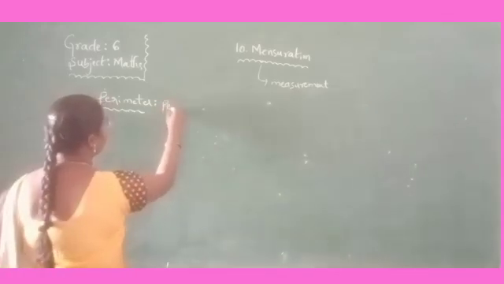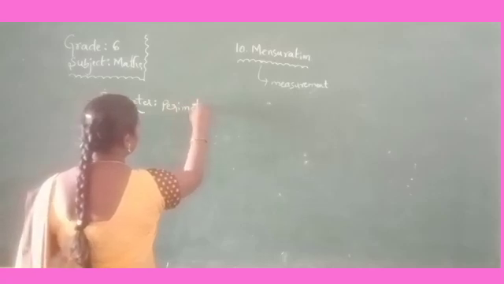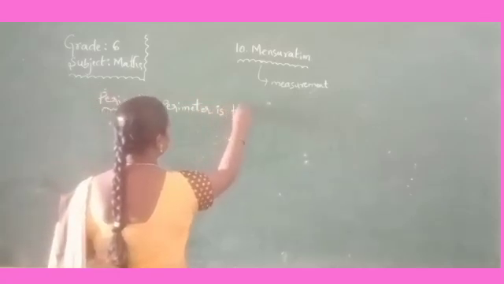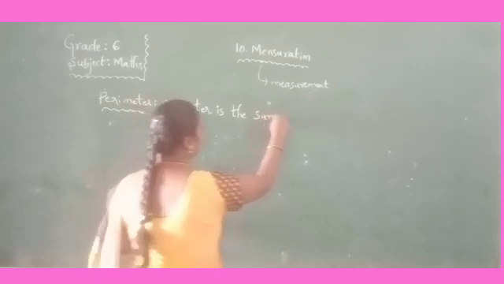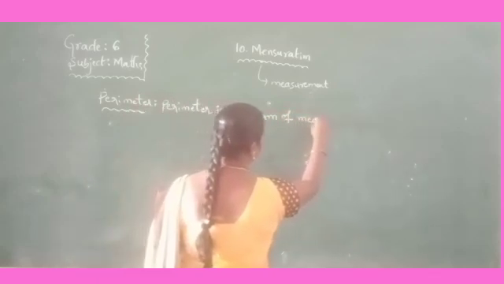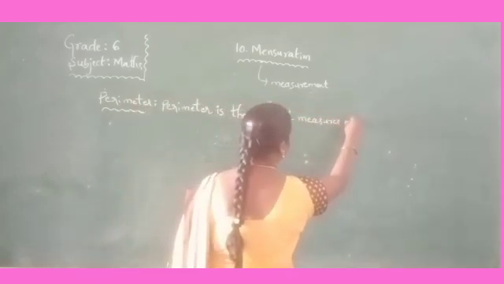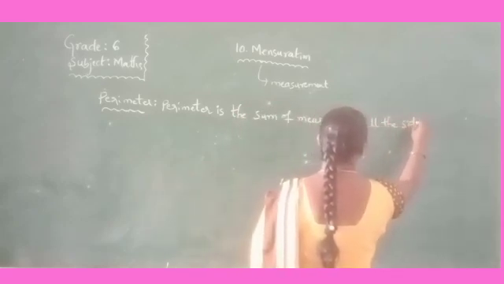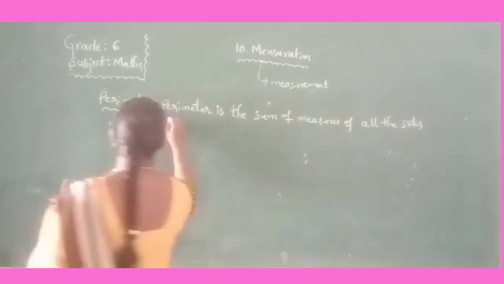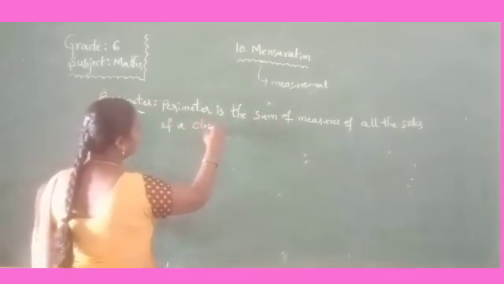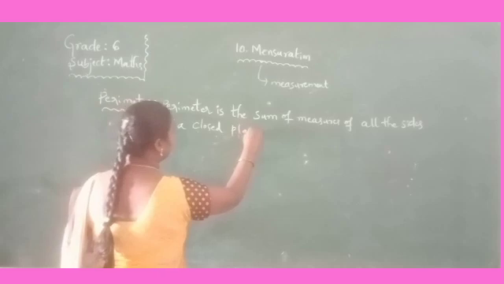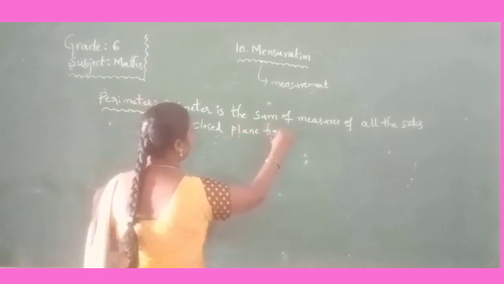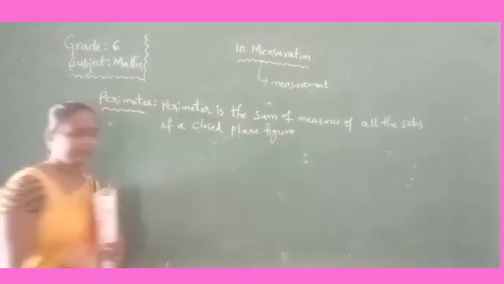The definition is: perimeter is the sum of measures of all the sides of a closed plane figure.